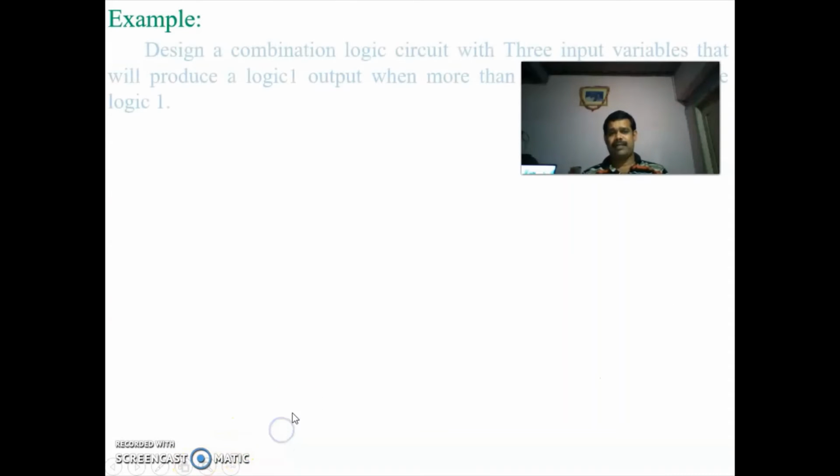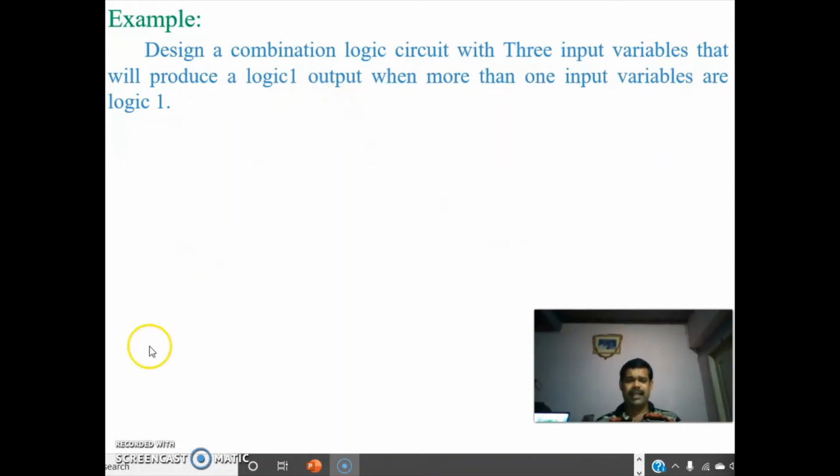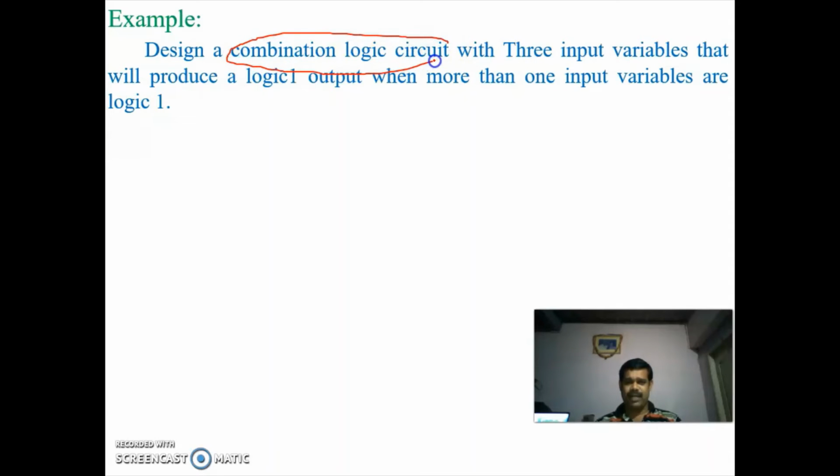So one example we are going to see: we are going to design a combinational logic circuit. From this, you understand that the circuit will have only logic gates and will not have any storage elements.